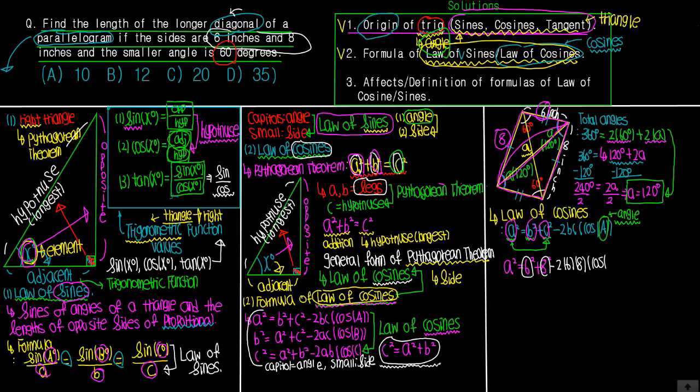Well, it should be 120 degrees. Calculations: a squared is equal to 6 squared, which is 36, plus 8 squared, which is 64, and then all of that minus 2 times 6 times 8, which is 48, times 2 will be 96, times cosine of our 120 degrees.